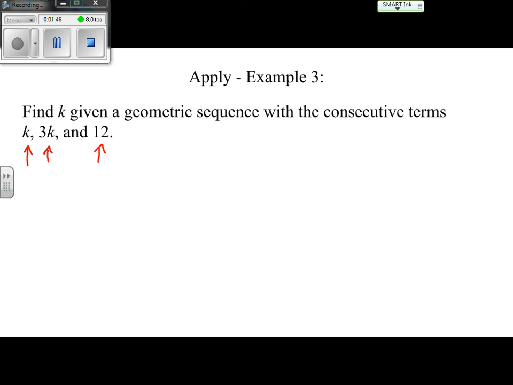So we are going to take 3k, the second term, and divide by the term in front of it, which was k. And that should be equal to the common ratio. And then I'm going to set that equal to the third term, 12, divided by the second term, 3k. And that would also be equal to our common ratio. All right, so now how do we solve this?